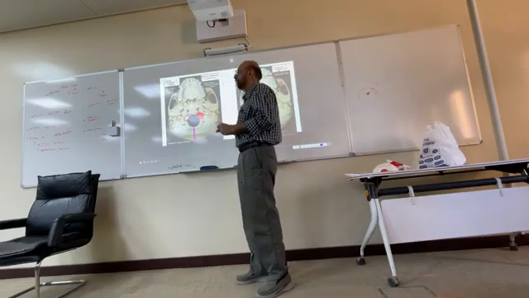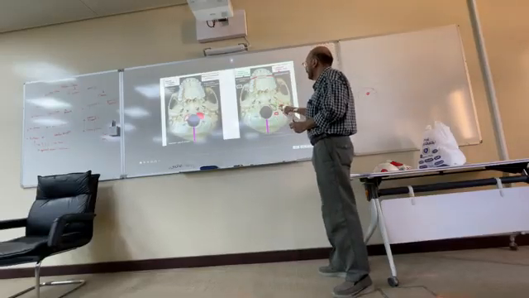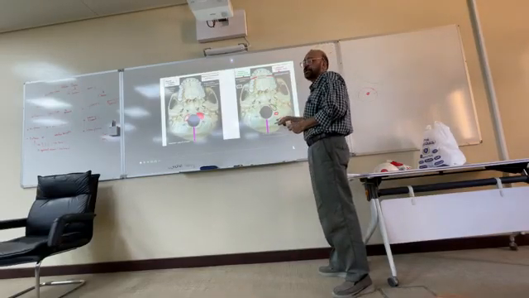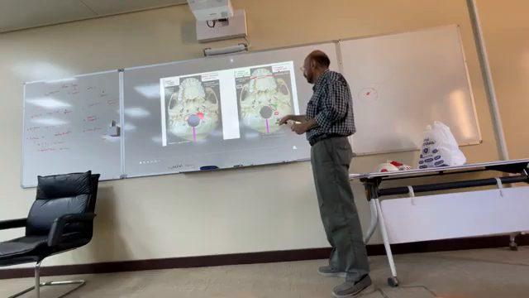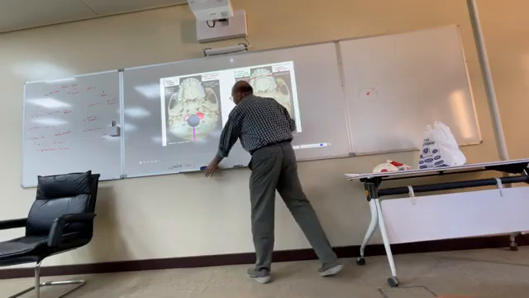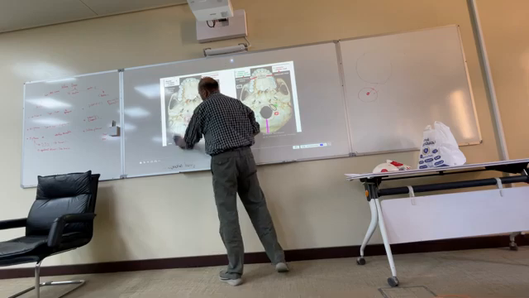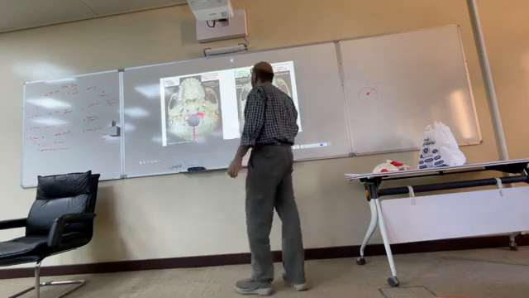I will show you in the specimen. They are known as the anterior condylar canal and posterior condylar canal. The anterior one is sometimes known as the hypoglossal canal, because it gives passage to the hypoglossal nerve.